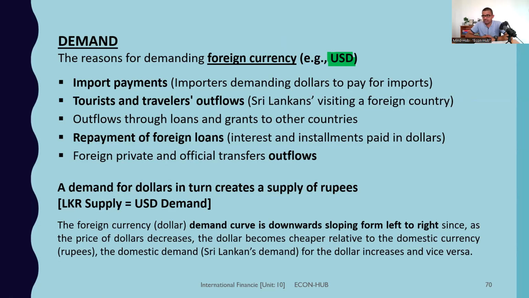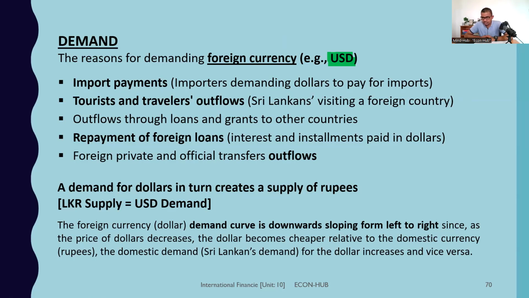When tourists and travelers, Sri Lankans, go abroad, outflows, we will go and spend dollars in those countries. So we demand dollars. Then when we repay loans, we have to pay in foreign currency, so we demand dollars. And when we are offering grants to other countries, which we rarely do now, we make those donations in dollars.